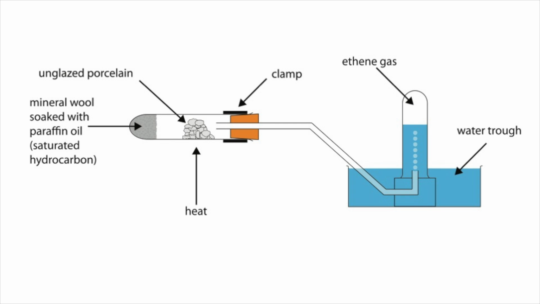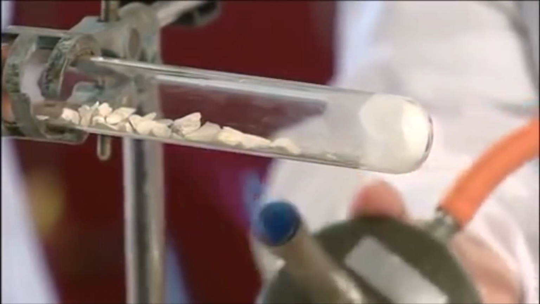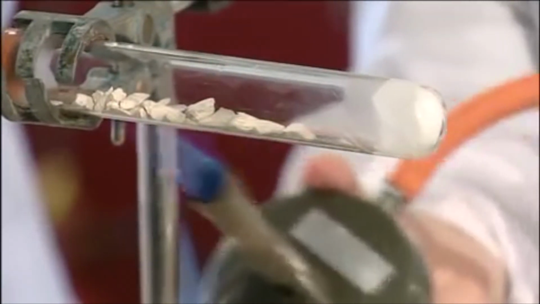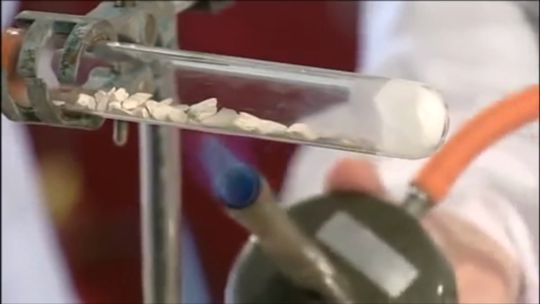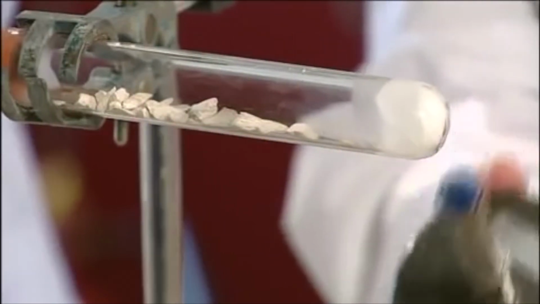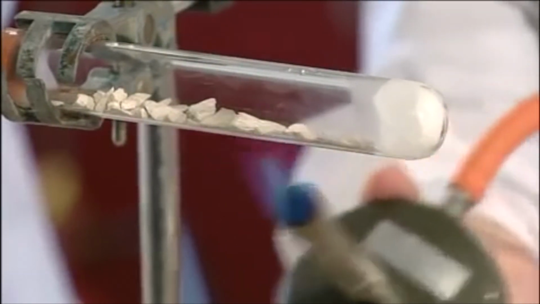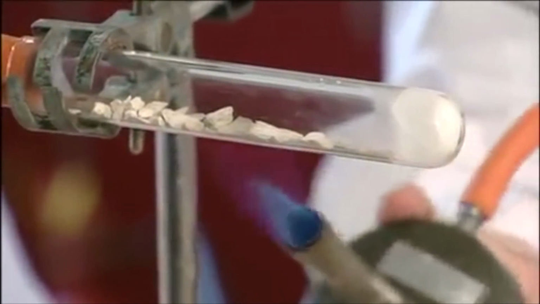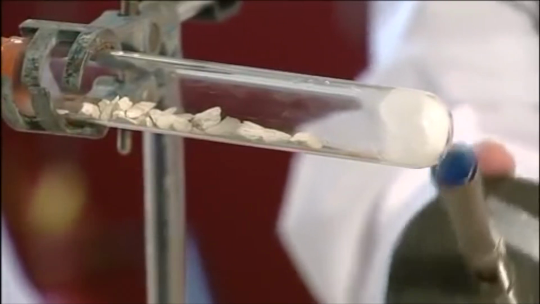This boiling tube is clamped, and it has a delivery tube that goes into a trough of water, and I then fill up a test tube full of water. I put this over the end of the delivery tube, and during the experiment I heat up the catalyst, and the paraffin or the long hydrocarbon molecule that I'm cracking turns to vapour and passes over the catalyst.